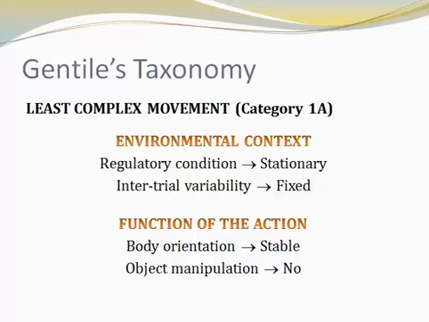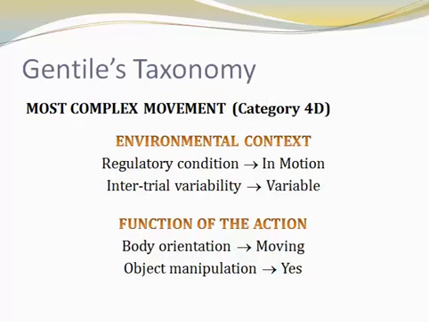And then in terms of intertrial variability, there is none, so it's considered fixed. Our second dimension, function of the action, the first characteristic, body orientation, is stable, meaning that location is not moving from attempt to attempt, and whether or not an object is being manipulated during the motor skill, it would be no for our least complex, or simplest, movement.